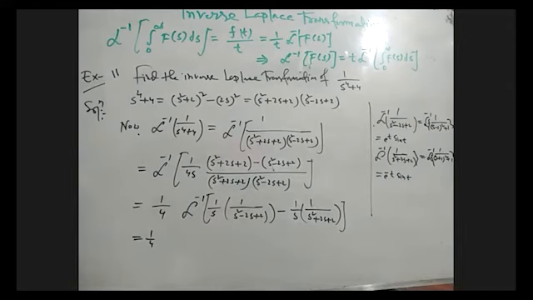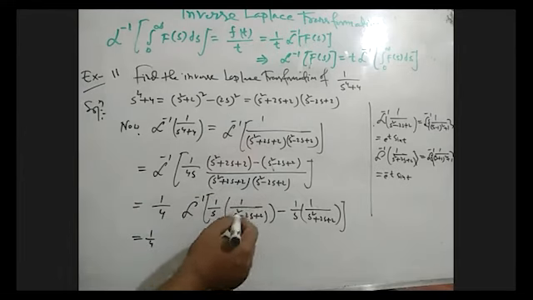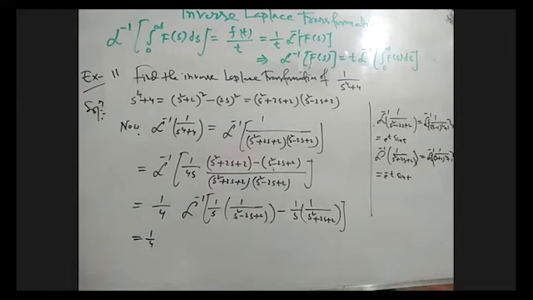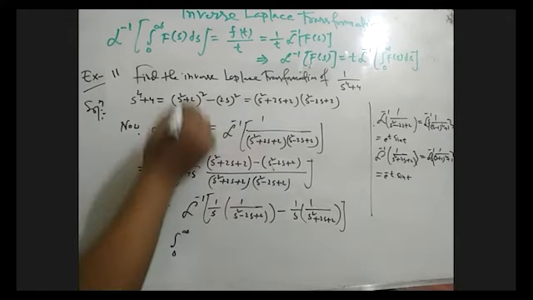So now using the integral property, how can we find 1 by s? The integration will be 0 to infinity f of s ds.